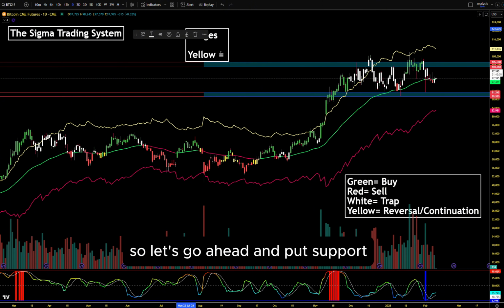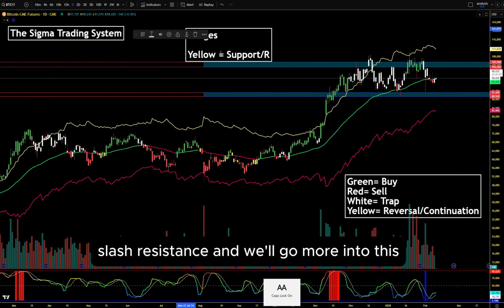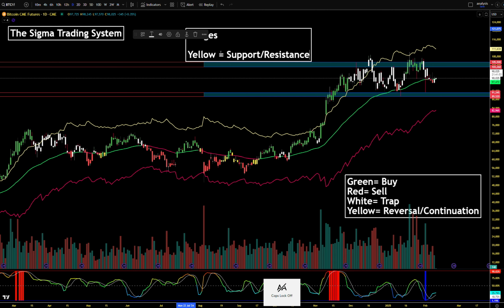So let's put support slash resistance, and we'll go more into this. Red equals major support.